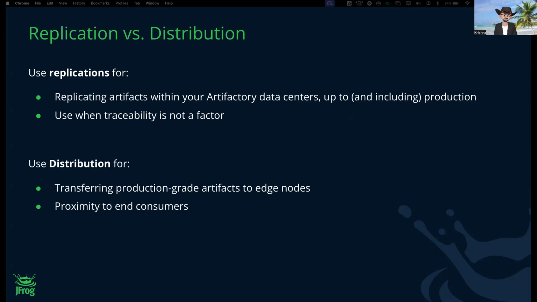I suggest using replication in a way that enables your internal developers and engineers to work better by being able to share artifacts between different Artifactory instances. Use distribution and a CDN to facilitate the delivery of production-grade artifacts to your end consumers.